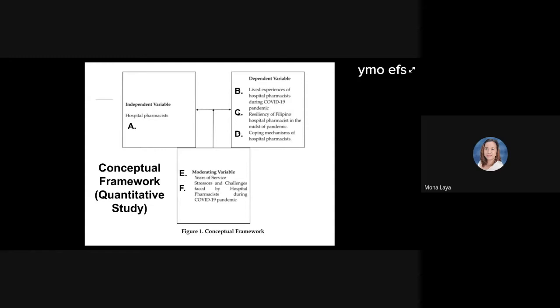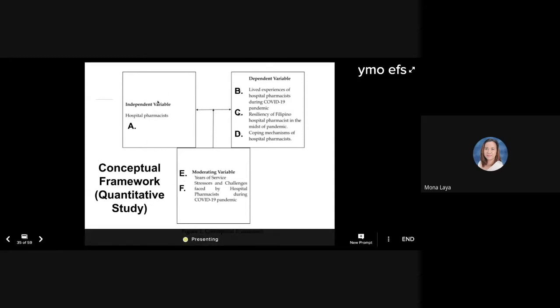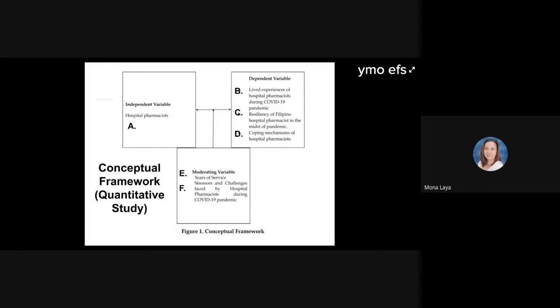But when we did conceptual framework for quali before, it's actually circle. Bilog-bilog siya. Okay? Hindi siya square. Kasi pag square na conceptual framework, quanti. Pero actually ngayon, pag sinabi mong quali, wala talagang conceptual framework. Okay? Quanti lang ang merong conceptual framework.